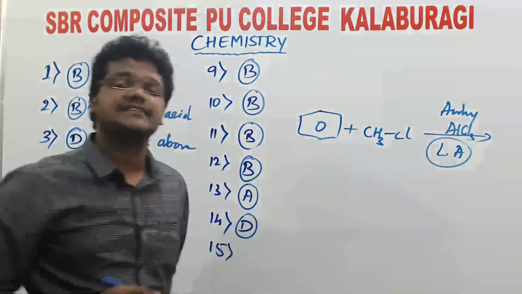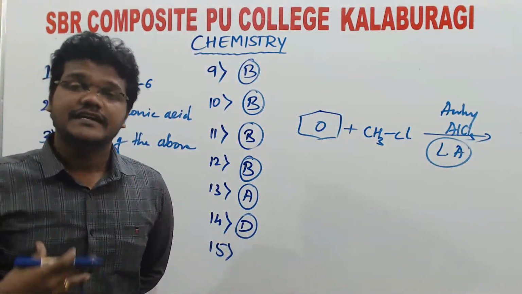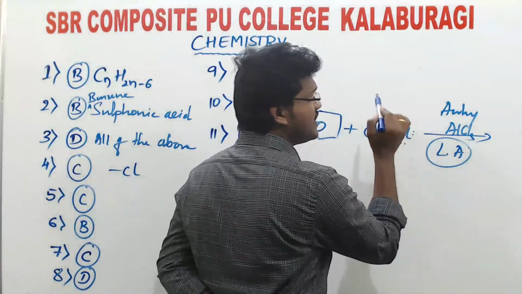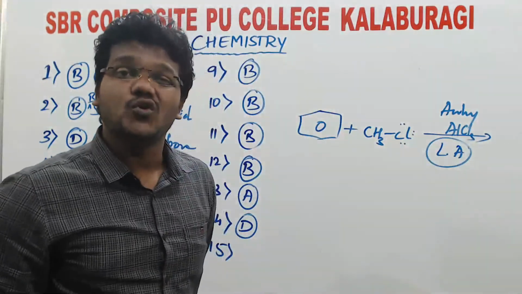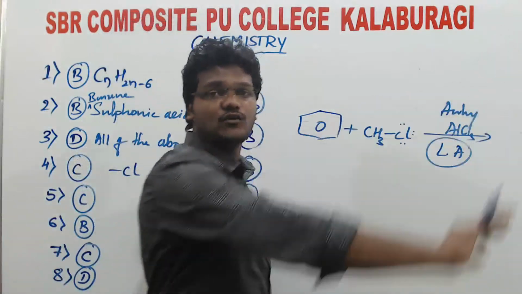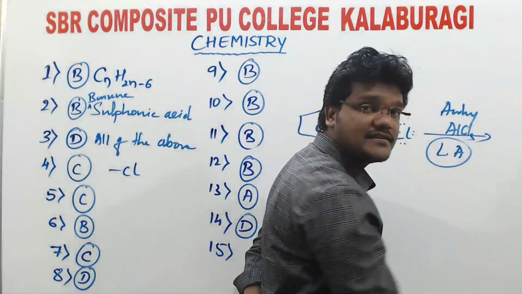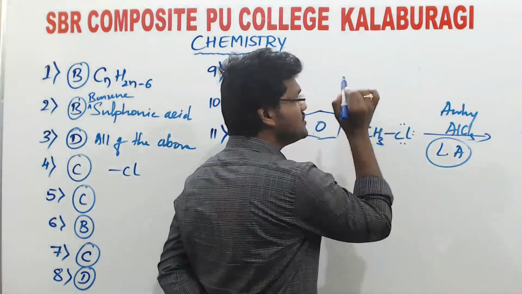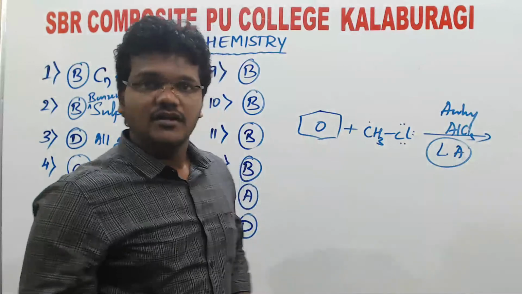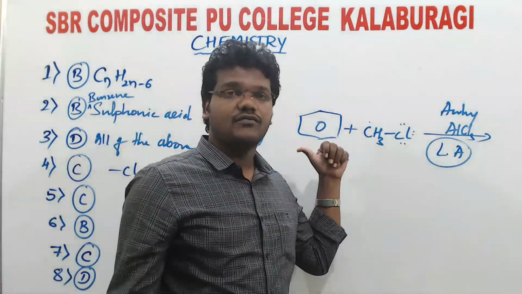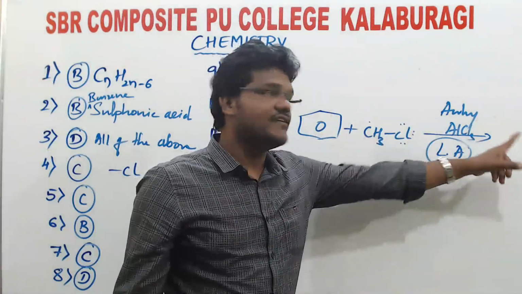It is in need of electrons. That is why it will coordinate with the electrons present on chlorine, the halogen. So AlCl3 will become AlCl4 minus and form a positive charge on the carbon. This CH3 will act as an electrophile, attack benzene and give you toluene.